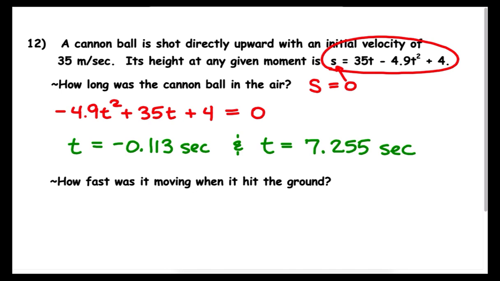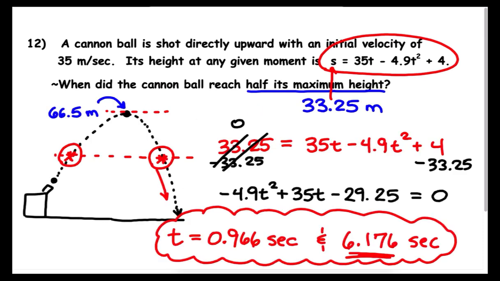And obviously the first answer is completely extraneous. That makes no sense at all. Actually, it does make sense. If I go back a slide to my picture, remember the graphing calculator does not realize that this is a cannonball. And so it's going to assume that the cannonball is on the ground at negative 1/10 of a second, and then it flies through the cannon and makes its path and lands at 7.255 seconds.